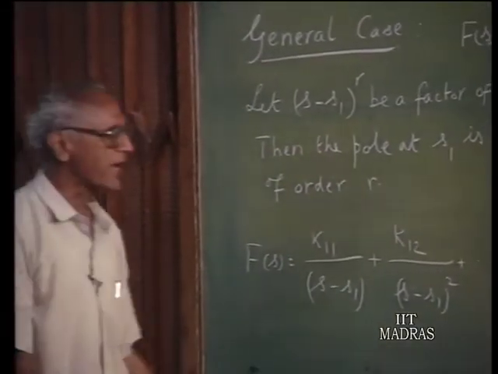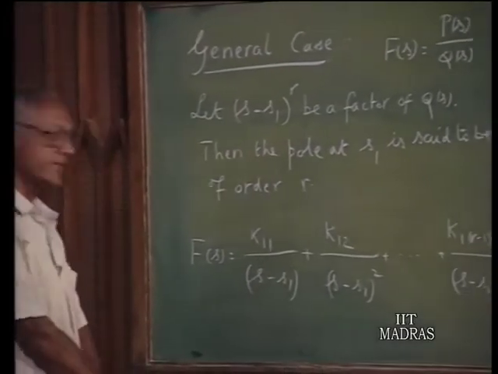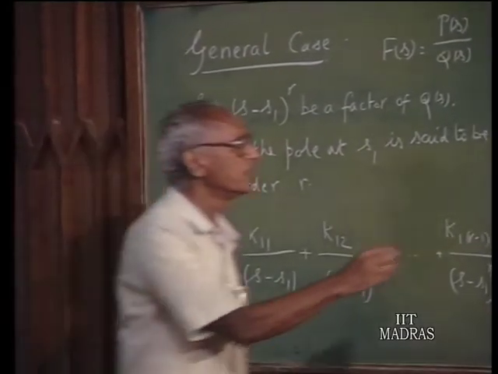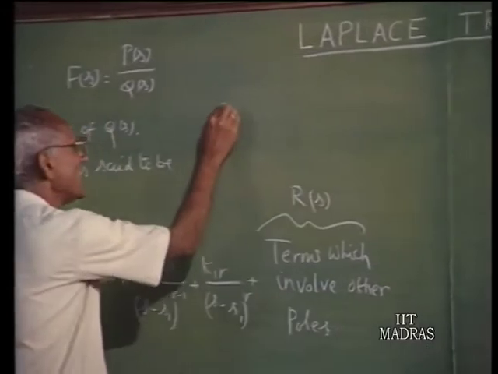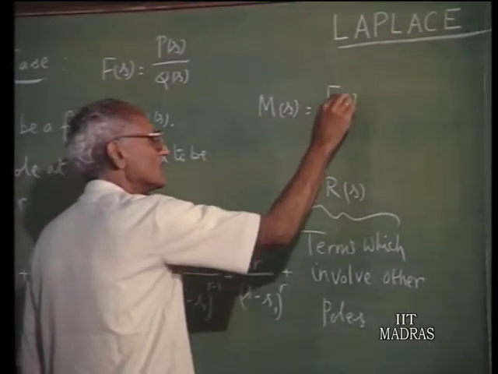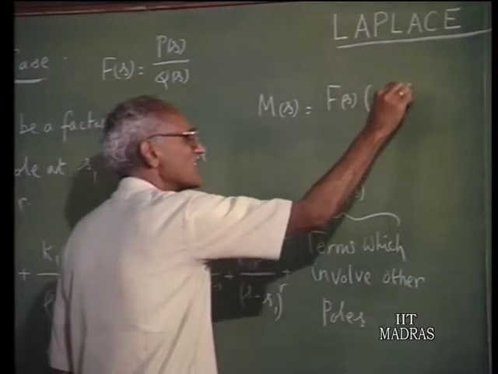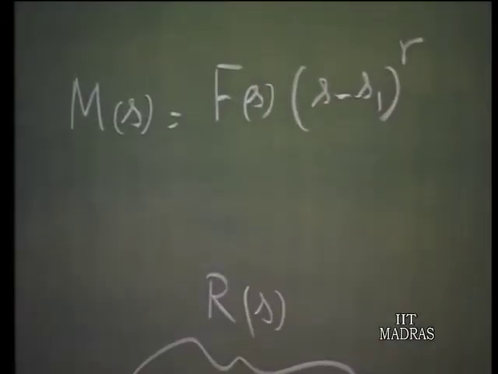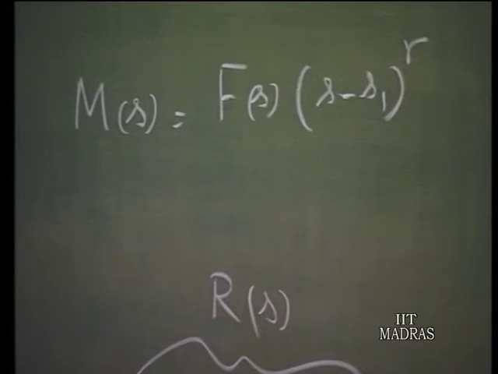Now, taking the cue from the example which we discussed just now, let me say M(s) is obtained by multiplying F(s) by (s minus s1) raised to the power of r. So, this is the partial fraction expansion of F(s).